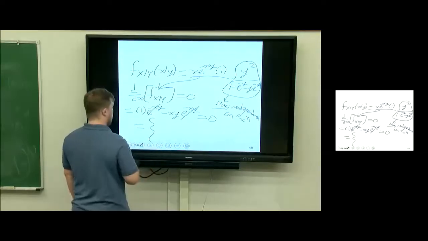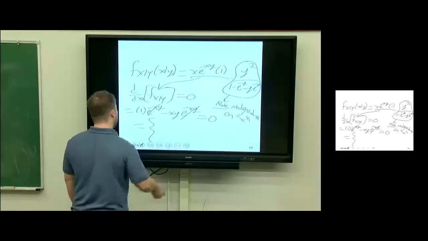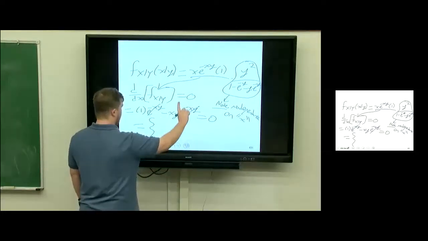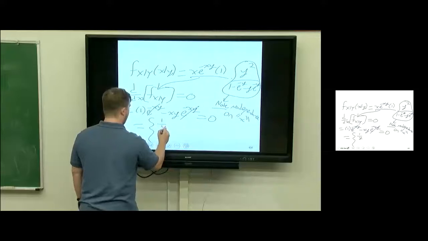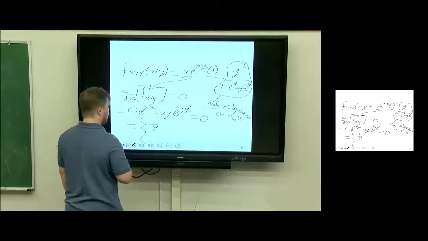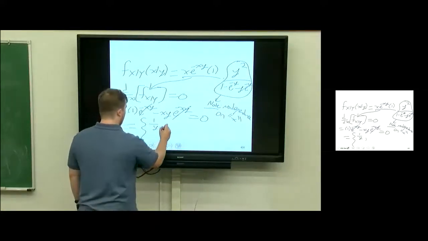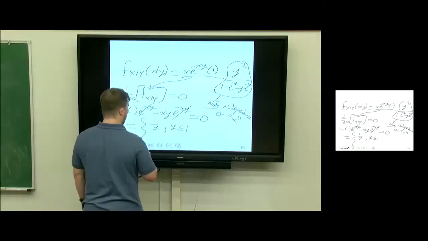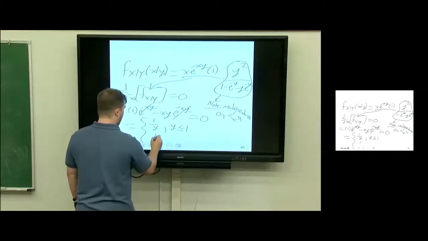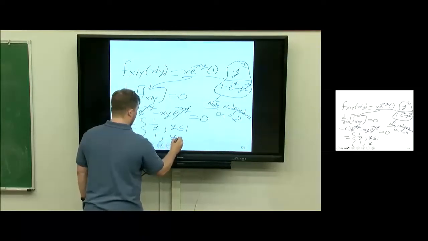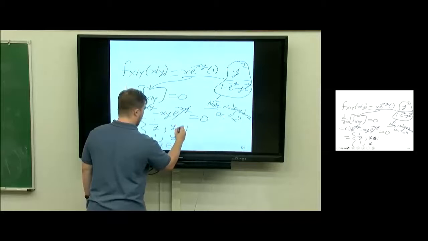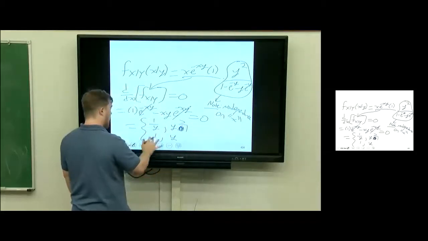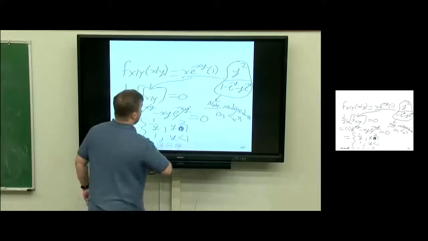So we end up with the decision rule: you move xy to the other side, divide by y. So 1 over y for y greater than or equal to 1, and 1 for y less than 1.